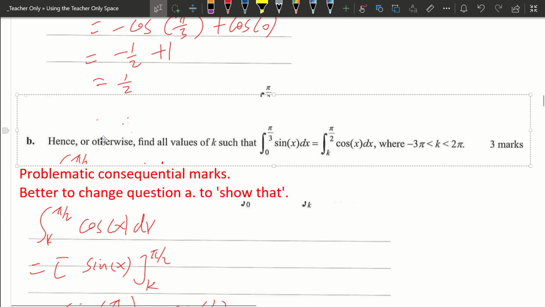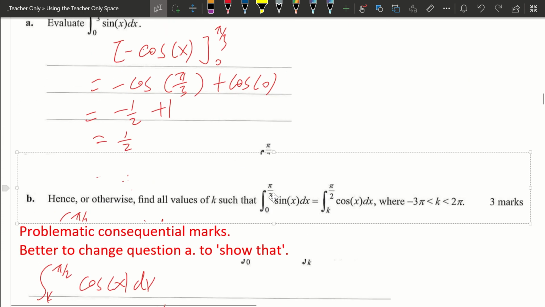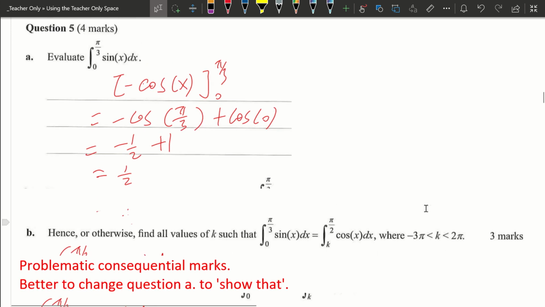And then it says, hence, or otherwise, find all values of k such that the integral from 0 to pi over 3 of sine x dx is equal to the integral from k to pi over 2 of cos x dx. And then there's also a restriction for k between negative 3 pi and 2 pi.